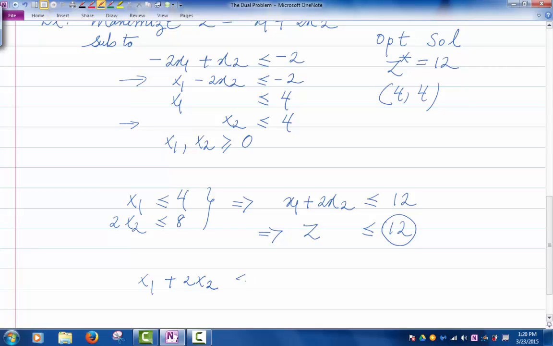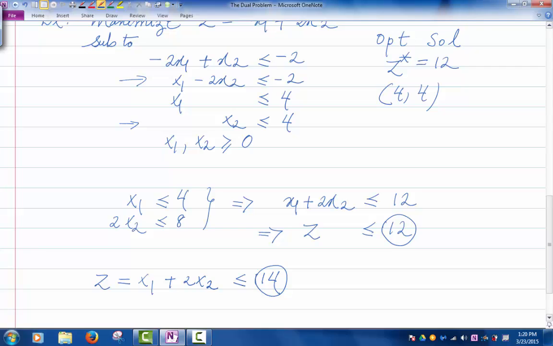And then less than or equal to, you're multiplying this by 4, so 4 times 4 is 16. 16 plus negative 2 is 14, right? So again, I am getting that the objective function has the upper bound 14.